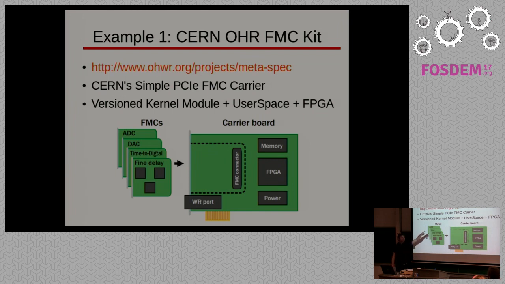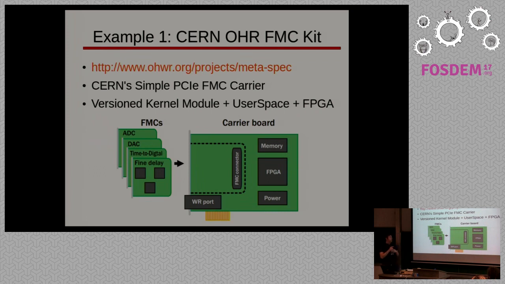So if we want to make a Linux runtime in which one of these modules needs to be supported, by just installing one of the packages, all of the different ones are generated and installed: the user space program, the kernel module, plus the FPGA system.